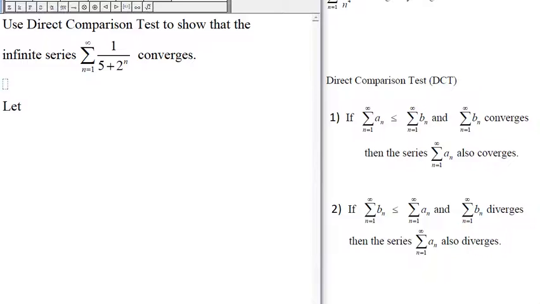And so first, we will let A sub n be the sequence right here, 1 divided by 5 plus 2 to the n. And then we'll let B sub n be something similar.